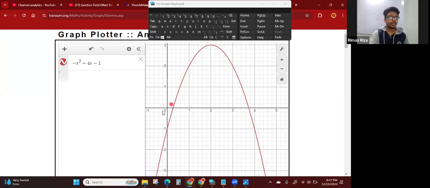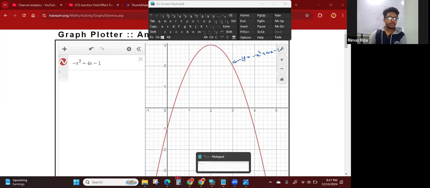Okay, so here the graph, this is the function y equals minus x squared plus 4x minus 1. In this function, you want to find the values of x which satisfy this condition.